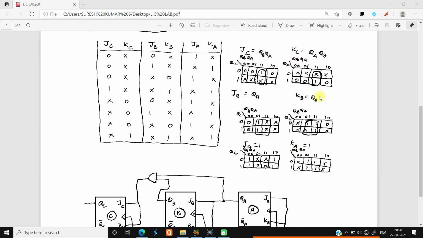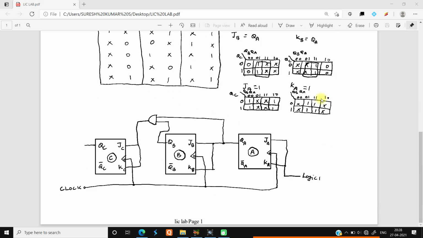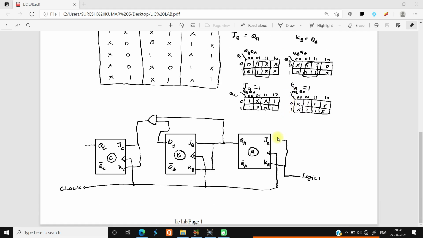I have given this K-map to you, so you can verify on your own. Now, using these derived expressions, we can draw the circuit diagram.